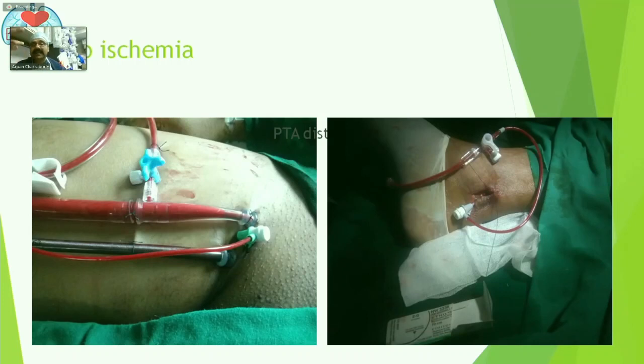You can put it later by your surgical colleague by opening the upper part of the femoral artery, this is the method where we have seen it works. The same posterior artery you can open, push a 5 French sheath and connect it to the main arterial circuit to perfuse the limb.